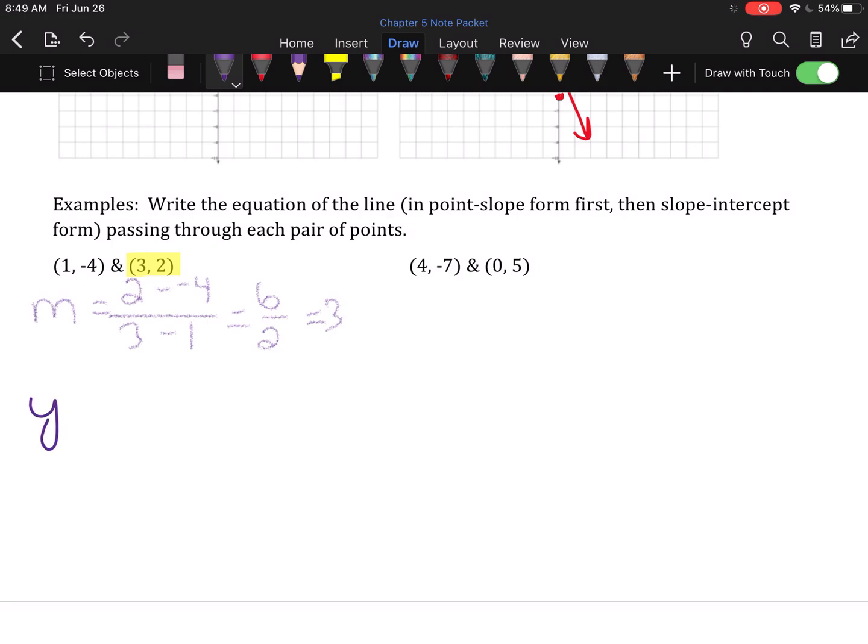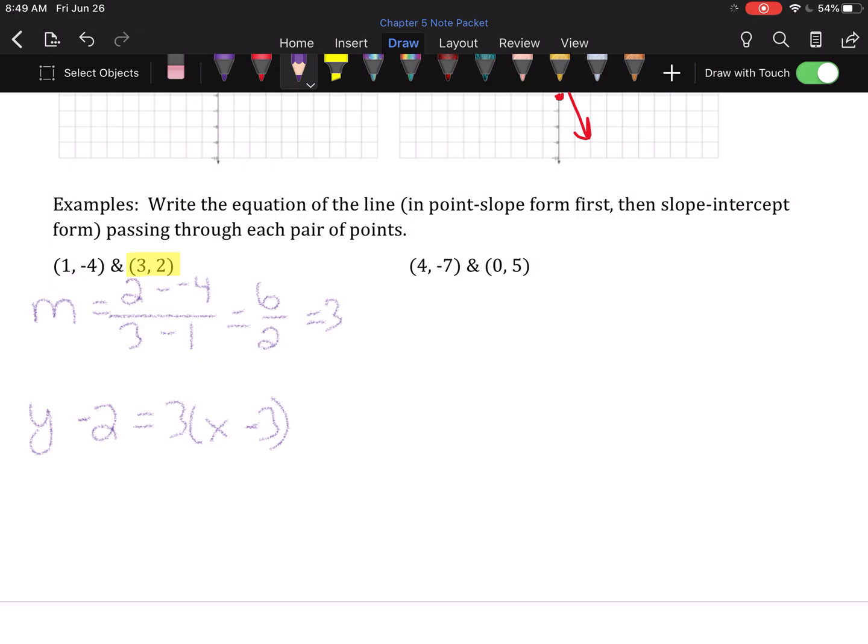Y minus the y coordinate, which is 2, equals slope, which we figured out to be 3, times the quantity x minus the x coordinate. There's a point-slope form. For the record, the other point-slope form is y plus 4 equals 3 times the quantity x minus 1. But it doesn't matter which one you use. You will get the same slope-intercept form no matter what.